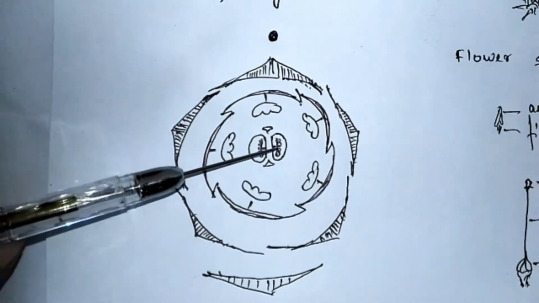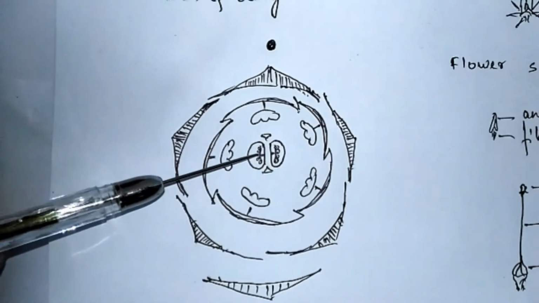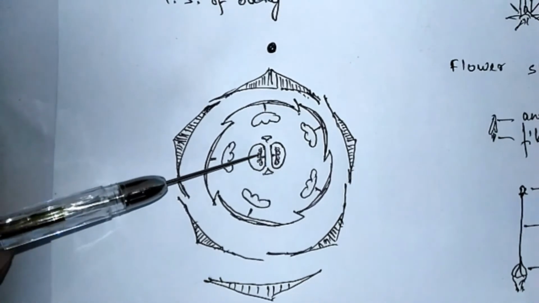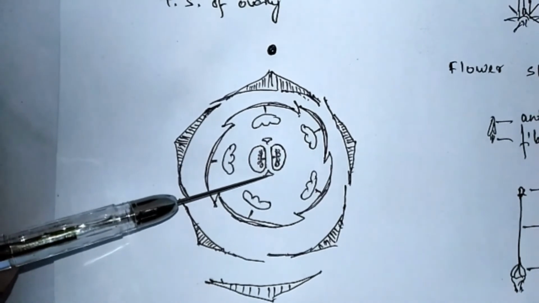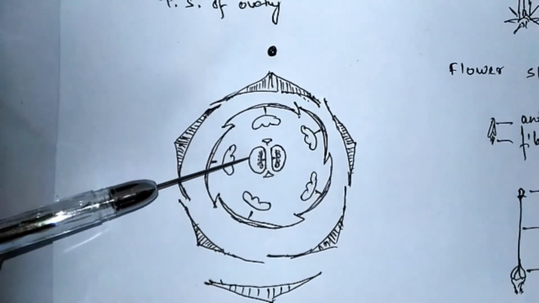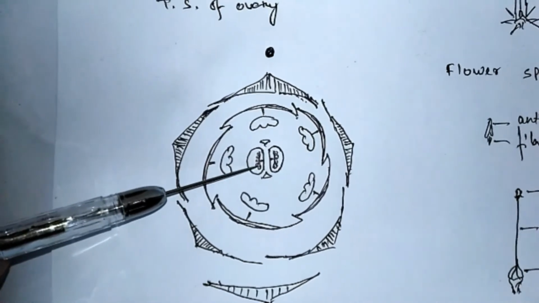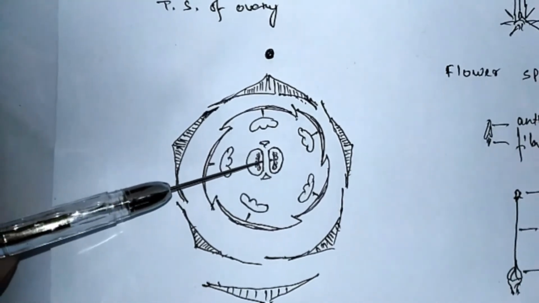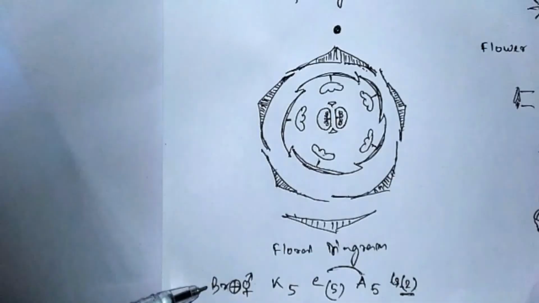The gynoecium is made up of 2 carpels where the ovaries are separated from each other, and these are the 2 nectar glands. And inside the ovary chamber, these are the ovules, and the placentation is ventral in each chamber.